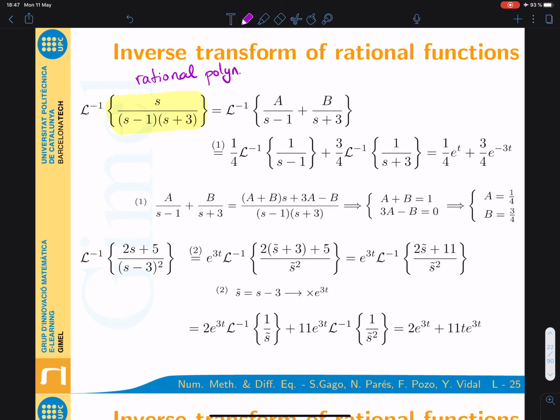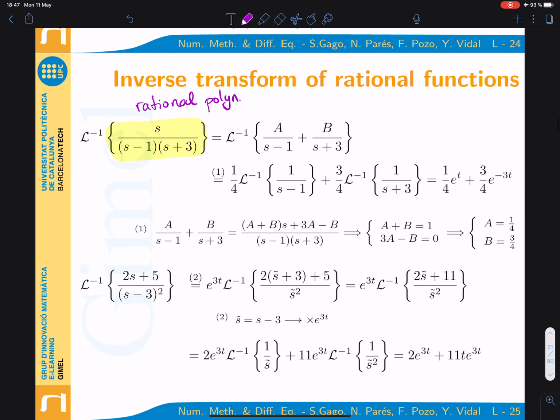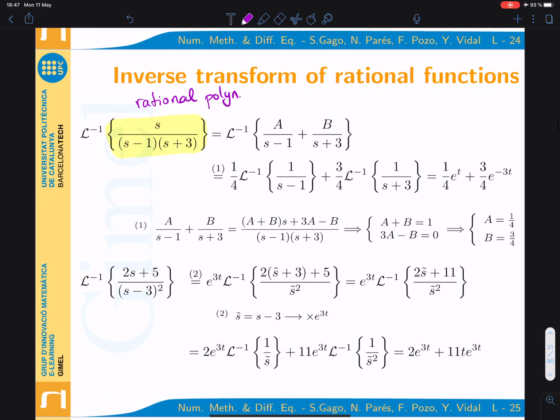Normally, we will see in a future video lecture, but in general, the way to proceed is to do partial fraction decomposition and rewrite the rational polynomial in this decomposed form, and then it will be pretty easy to just look into the basic Laplace transforms.